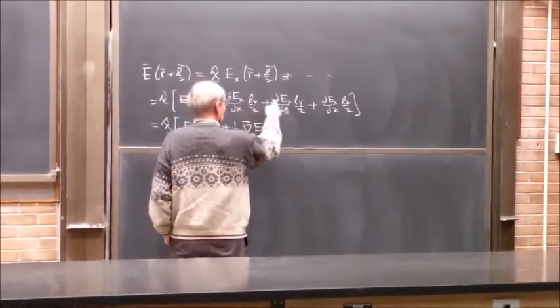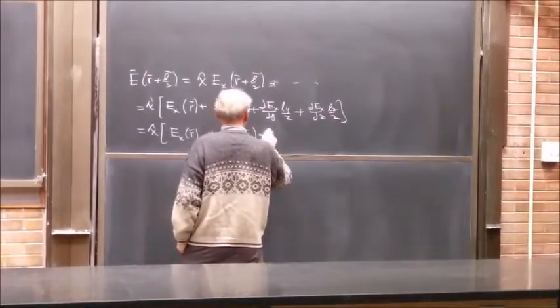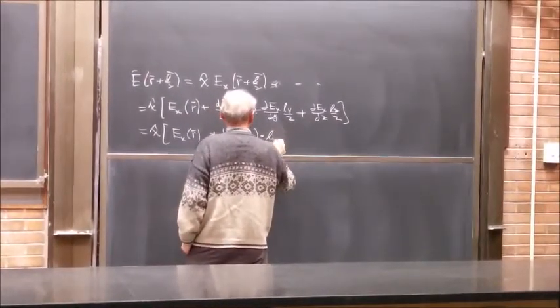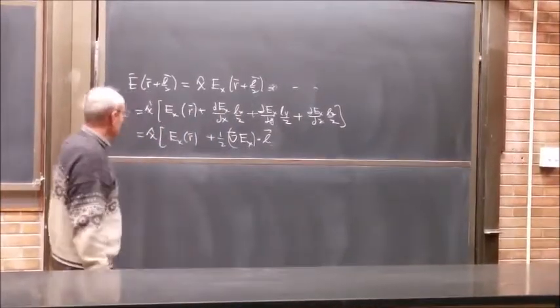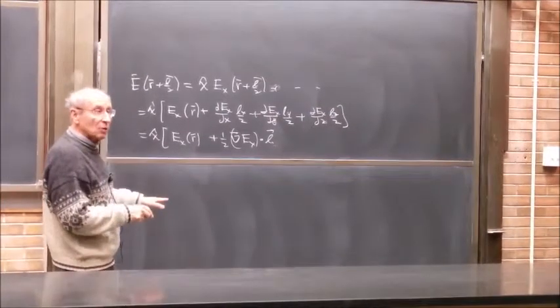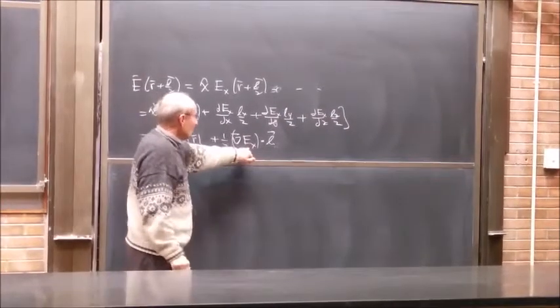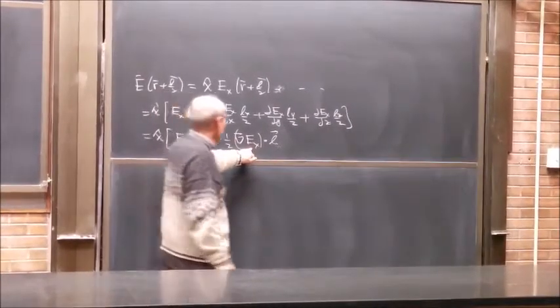That's dEx/dx, dEx/dy, dEx/dz, dotted into L. So that's the x direction. If we did the y direction, this would just become a y. If we did the z direction, it would just become a z.